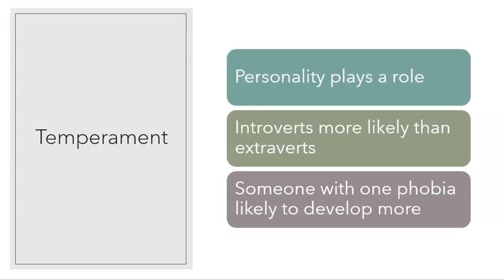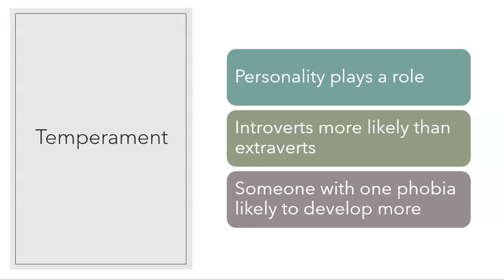Now, another thing that could determine whether or not you're going to develop a phobia would be your temperament. So personality actually plays a huge role in who develops a phobia or a fear. So people that are more hesitant of certain things tend to be more withdrawn.